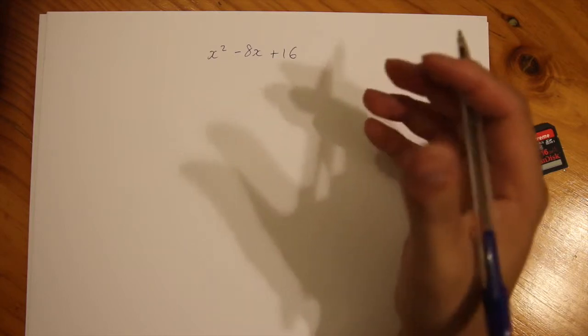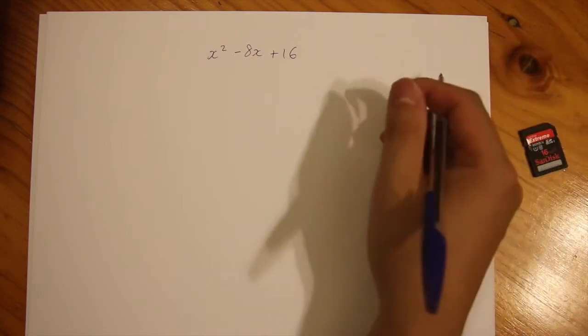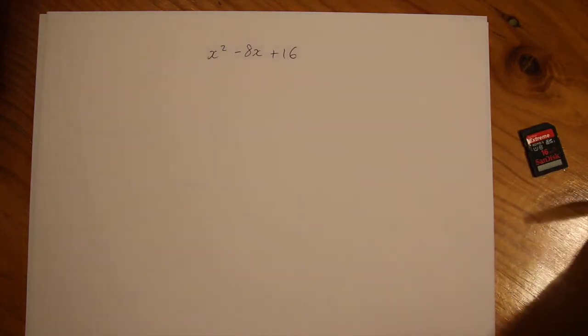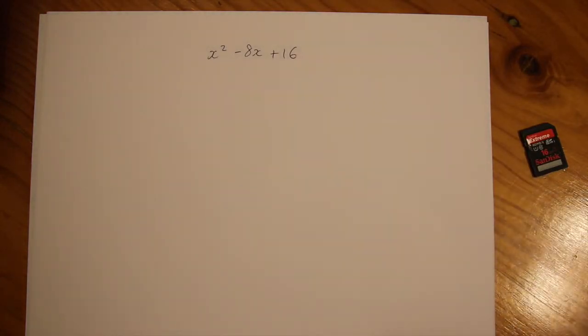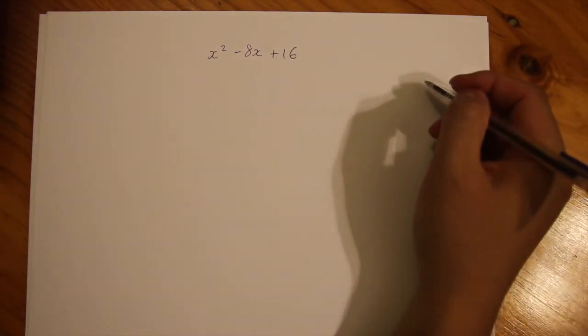And the more you're familiar with your times tables and squaring and square root factors, you'll be able to pick up on these things a lot easier. But don't stress, just take your time, play it the safe way if you feel more comfortable with that. But it's totally fine.